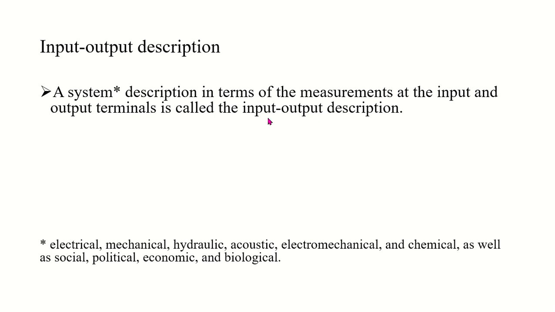For this you need only to know about the input as well as output. From here, next year in dynamic system analysis, we will arrive at the concept of the transfer function. The transfer function that describes a system is given in terms of the output and input only.